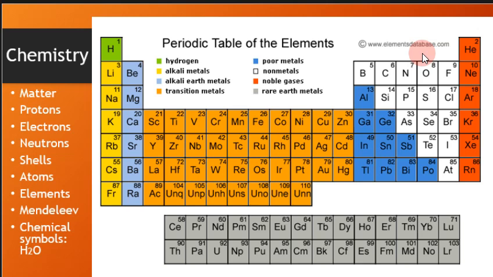This is probably an older chart than yours. If it's one of these that were unnamed, see number 104, 105, 106, and these over here that have UNQ, UNP, those are unnamed. UN stands for unnamed, so it's not named yet. So maybe they named Mendelevium later.